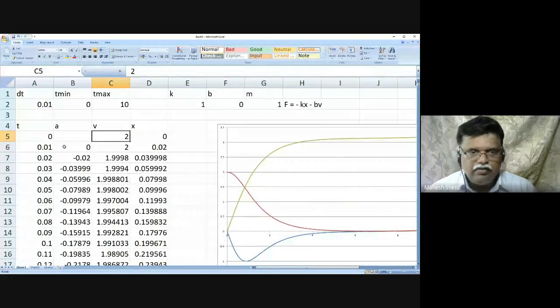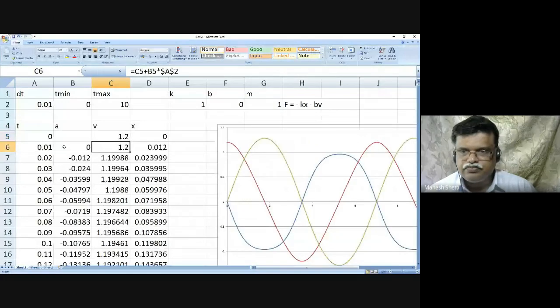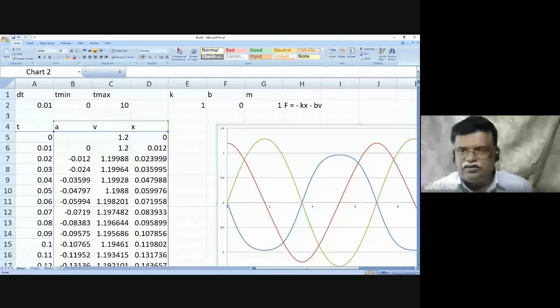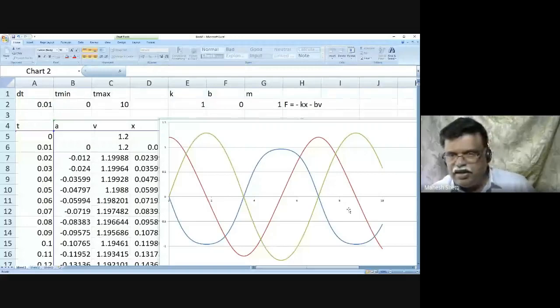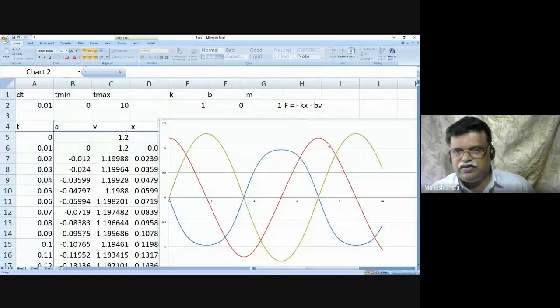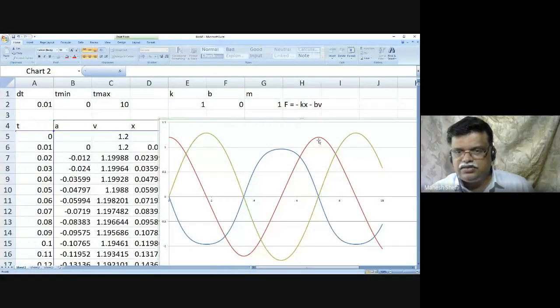Sorry, can't be too large. So effectively, this is an increase in the amplitude or increase in the energy of the system. And here you clearly see that this peak is near about 7.